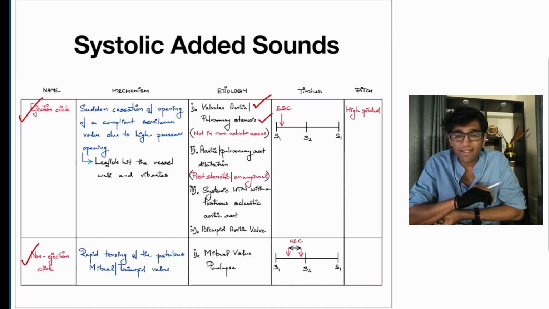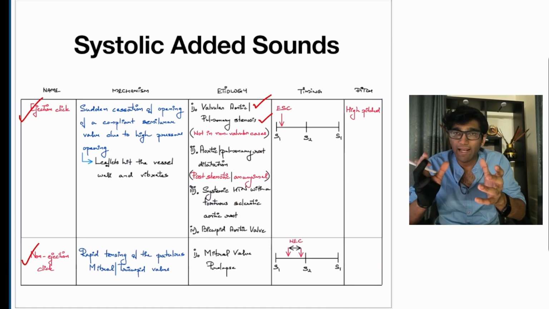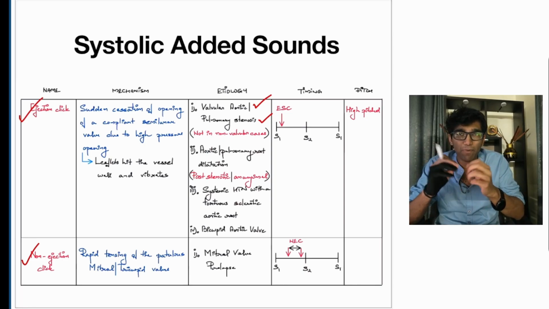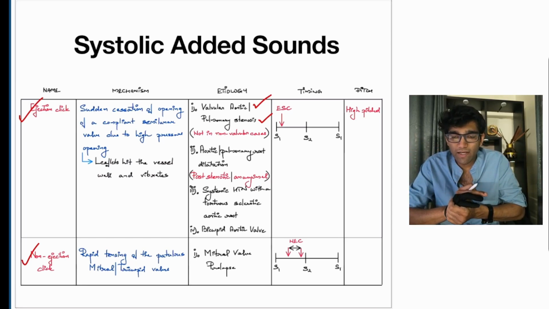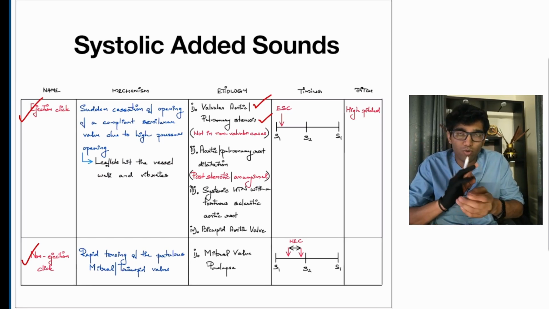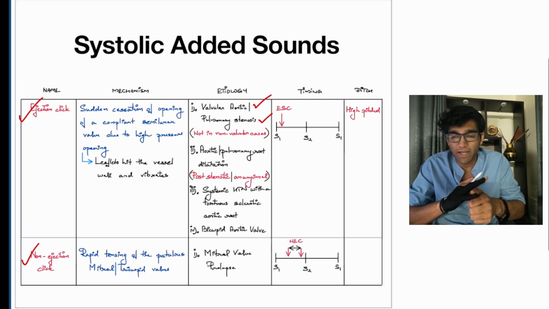Okay, the other thing that can happen is you can have a root dilation of the aorta or the pulmonary artery, and that then amplifies this sound. Okay, and that ends up producing a more audible click. Okay, it has also been described in bicuspid aortic valves, and when the patient has systemic hypertension.